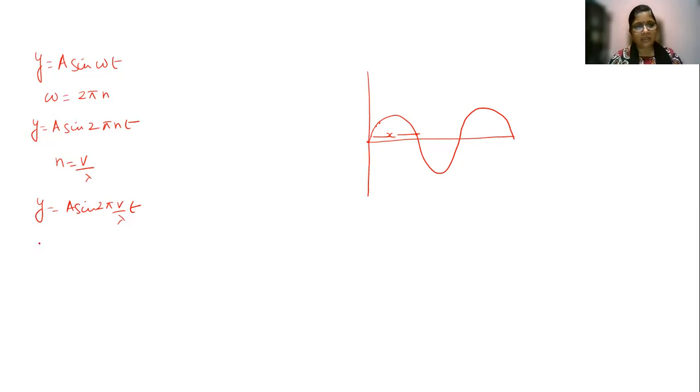So now this equation I could modify as y is equal to a sin 2 pi by lambda (vt minus x), where x is the distance between the origin and this particle. This is my equation for displacement.